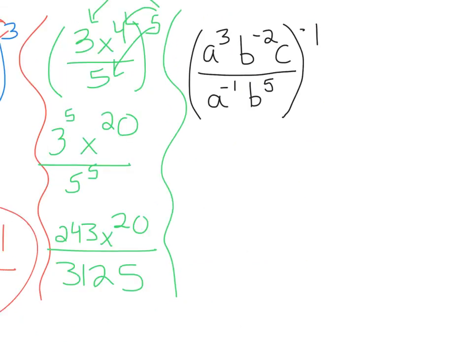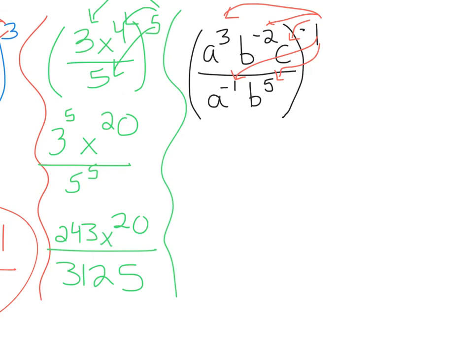All right, last example. There's kind of a lot going on here. So a to the 3rd, b to the power of -2, c over a to the power of -1, b to the 5th, all raised to the power of -1. So if there are no coefficients in here, it's basically -1 is being distributed to every exponent inside parentheses.